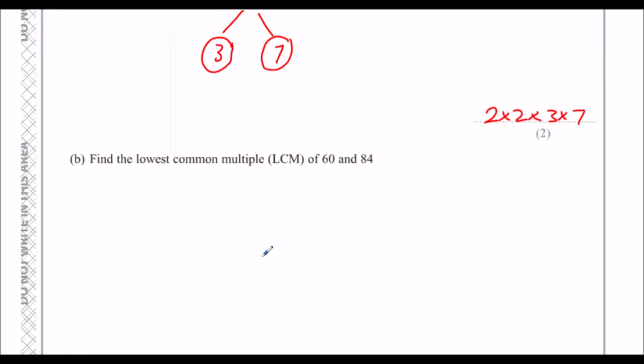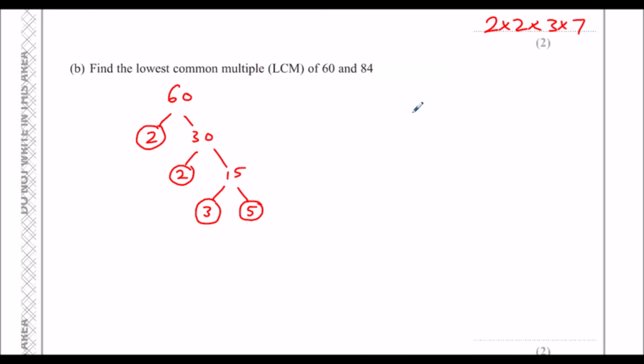Find the lowest common multiple of 60 and 84. So let's quickly write 60 as a product of its prime factors as well. So 60 is 2 30s, 30 is 2 15s, and 15 is 3 5s. So I'm going to draw 2 circles.